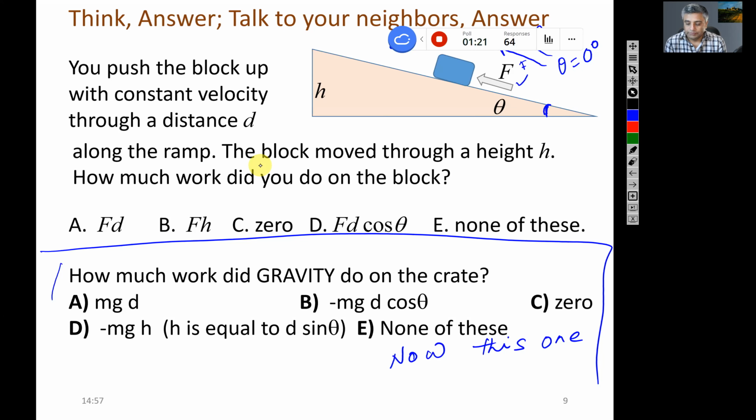So let's see what we did here. So again, the varieties of answers. And of course, this question is not so easy as well. So what's happening? Where is the work? Where is the force of gravity? Force of gravity is acting downward there.